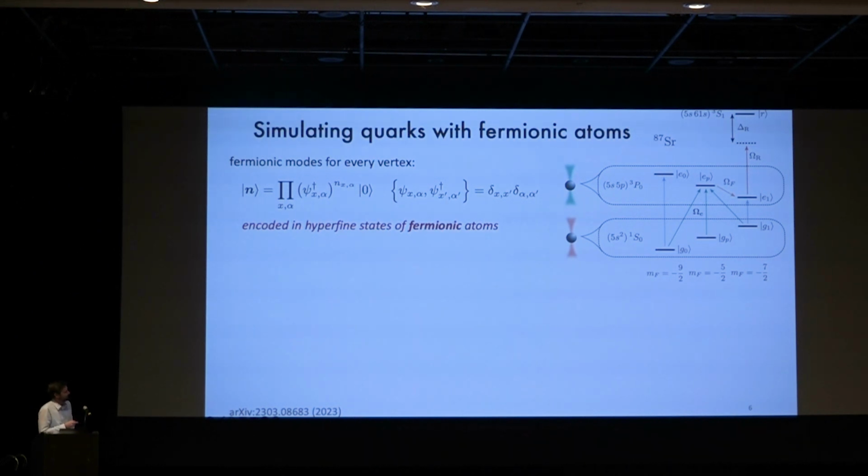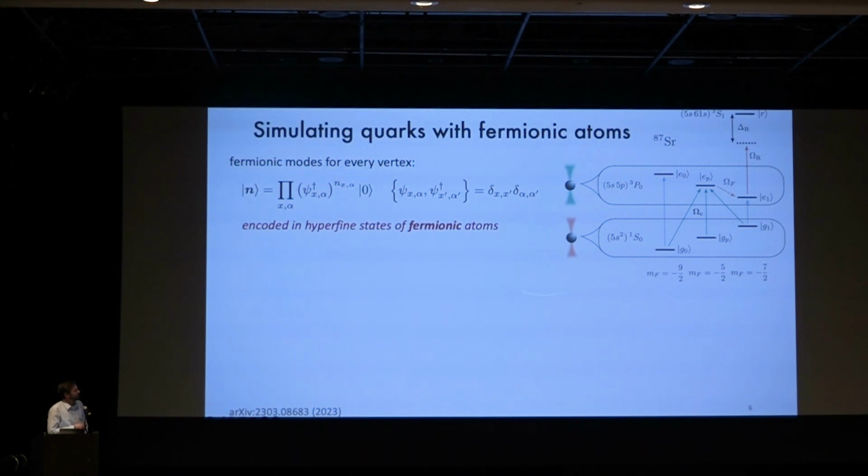Okay, so the trick now is that if you use an architecture like this, then you can use the same atom to represent either qubits or fermionic atoms. And the difference is only whether they're fixed on a link, so they're trapped on a fixed tweezer, or they're allowed to be delocalized over different lattice sites that are the vertices of my lattice.